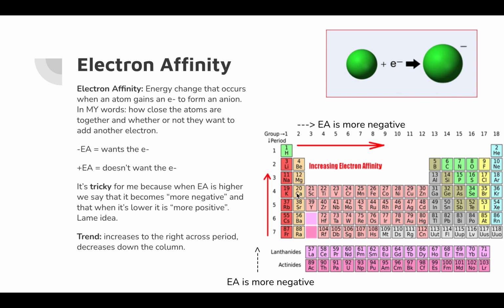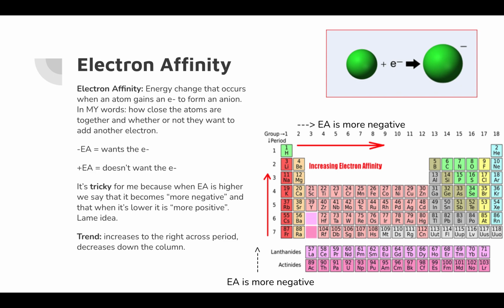And you have the ones over here. They like to add one. Sorry, I think I said that wrong. Electron affinity is more negative as you go up, so it wants more electrons. But just remember that electron affinity increases as you go to the right, and it increases as you go from downward to upward.